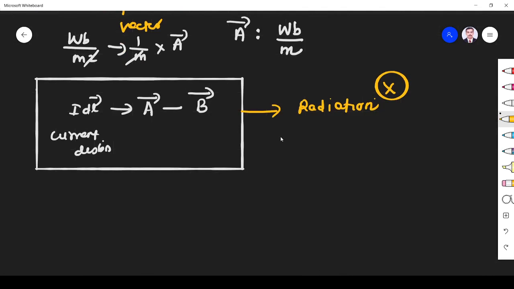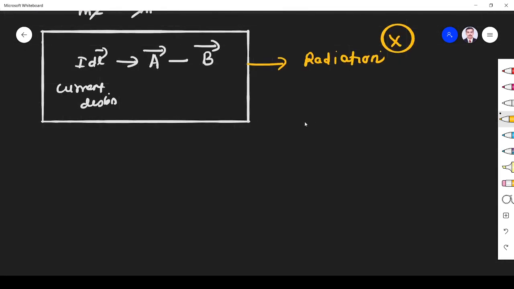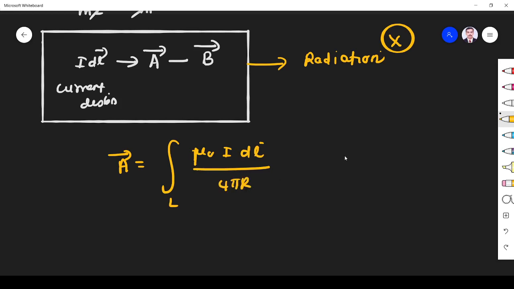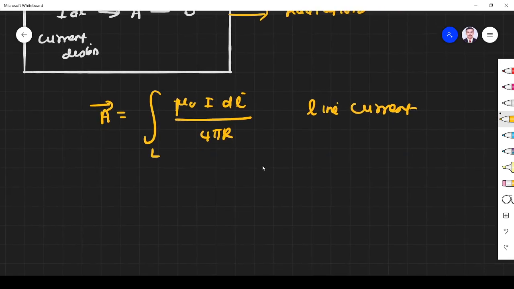What is the relation between A and I? That is given here. The vector magnetic potential A is given by the integral over L of mu naught IDL divided by 4 pi R, if it is a line current. So if the current is a line current, you can get A from this equation.